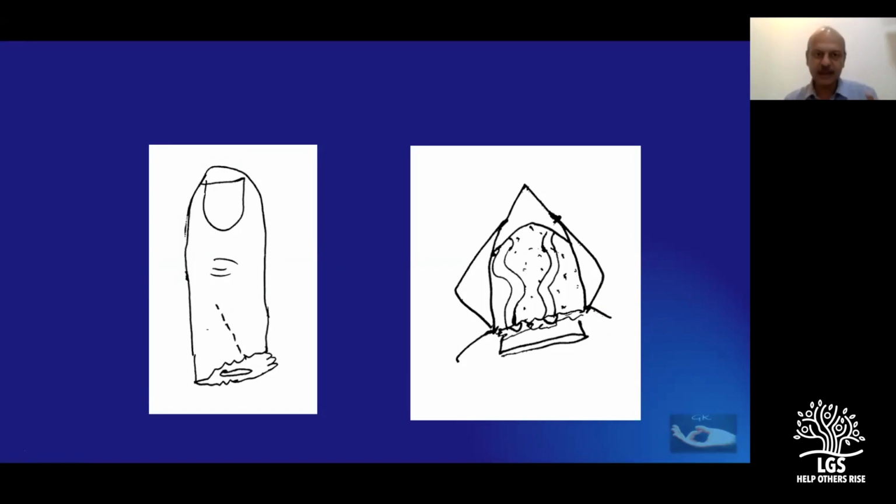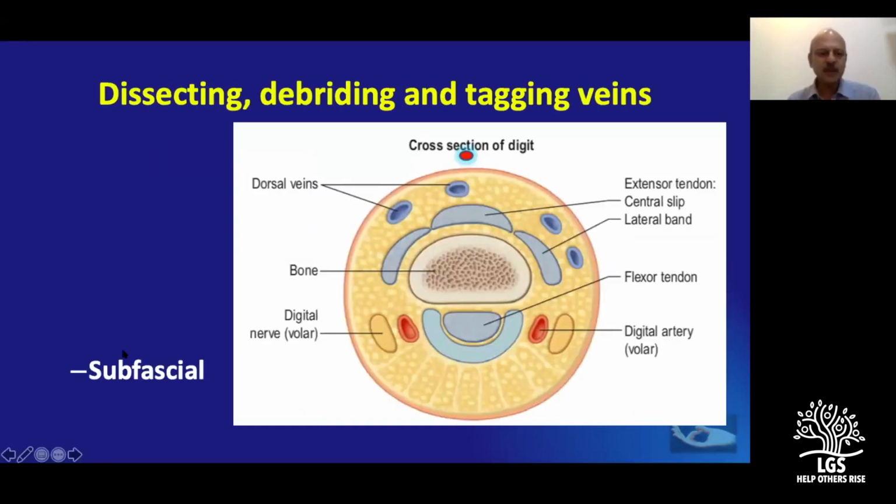There is another technique also. The incision can be made subfascial, under the fat, a subadipose incision. This incision goes like that. This is the extensor tendon on the dorsum of the finger. Over that you have got the fat and fascia in which you have the veins embedded.